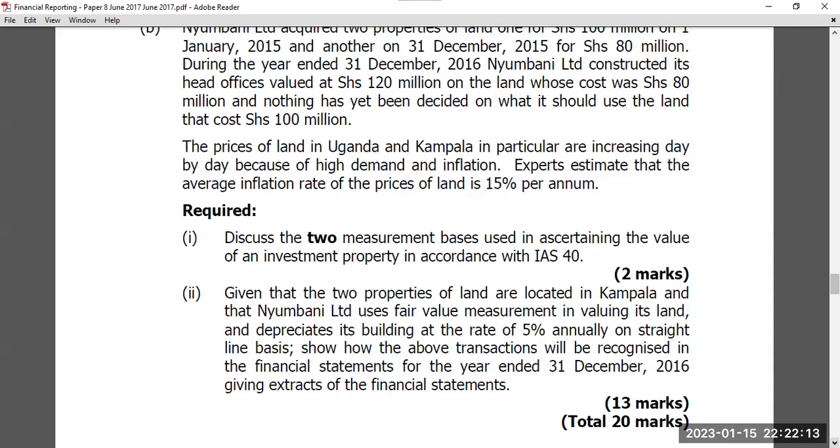Having looked at that question, if you try to analyze what are some of the things that you may take out from this question, they have given it 13 marks.